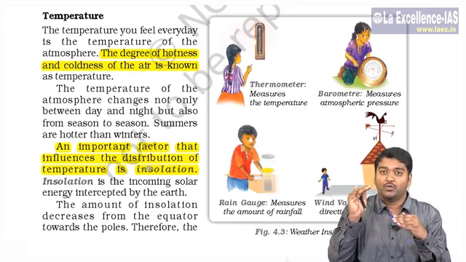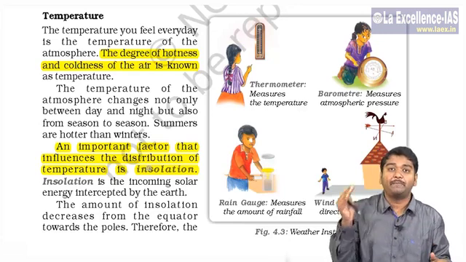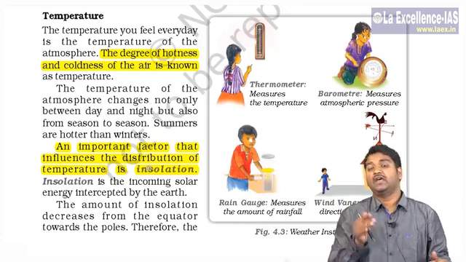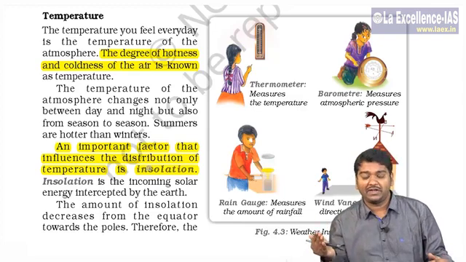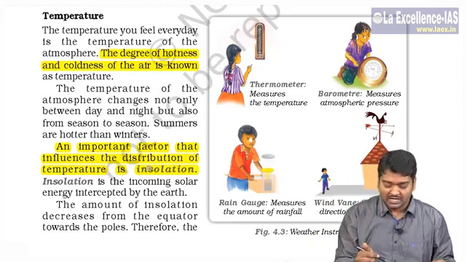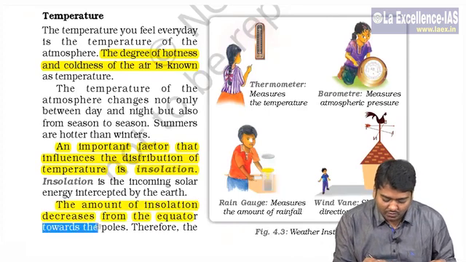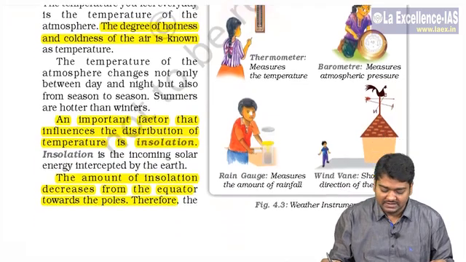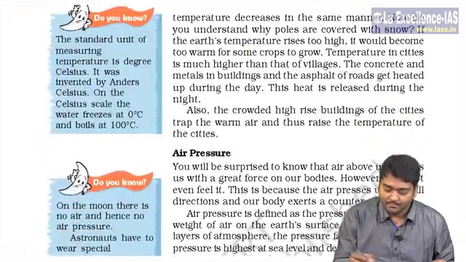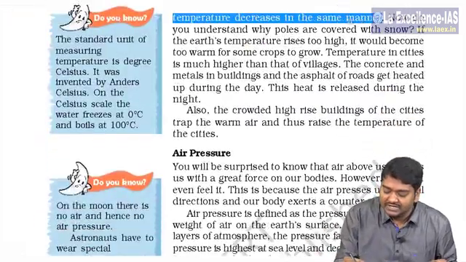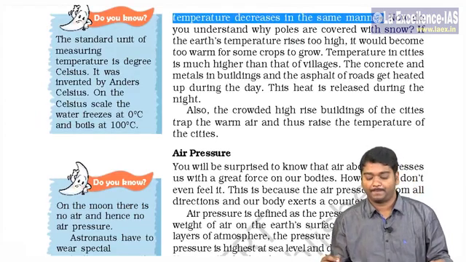As we move with the latitude, temperature keeps on decreasing. Temperature will be more near equator and it will be less near poles. This is what they want to talk. The amount of insolation decreases from equator towards the poles, and this is the reason temperature decreases in the same manner, right?